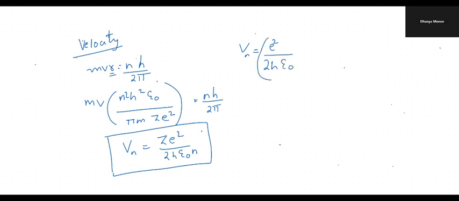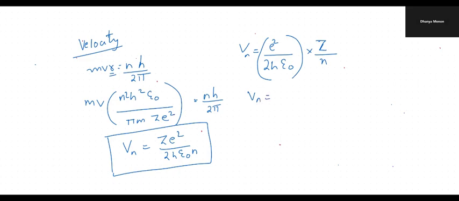The charge of the electron is constant, epsilon naught is constant, the Planck's constant is constant. What will change is the atomic number and the shell number. When you substitute the values, there is an easy way to remember.